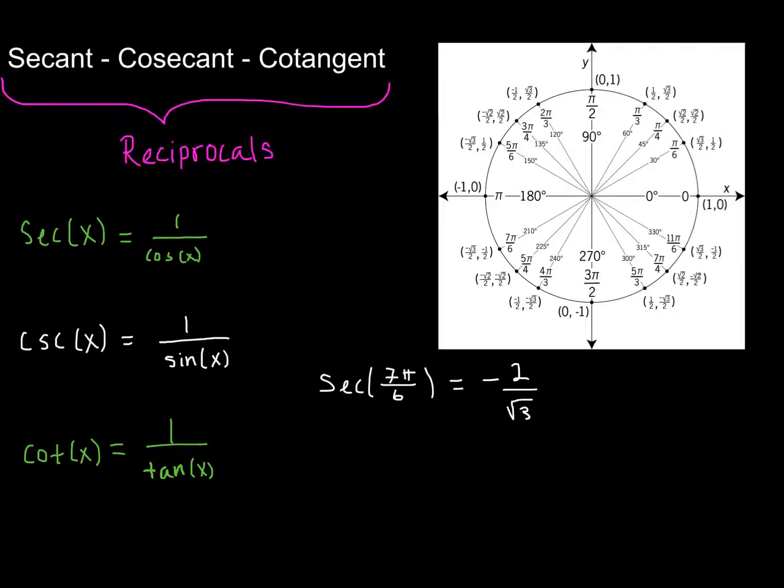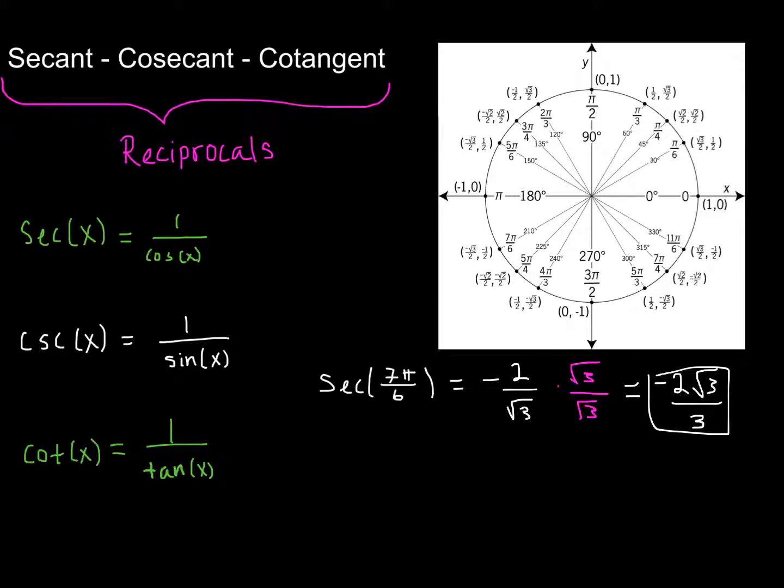Now I never want to have a radical in the denominator, so I'm going to multiply by square root of 3 over square root of 3, and that will give me a new value that is equivalent to the original value, negative 2 times the square root of 3, all divided by 3. And so the secant of 7 pi over 6 is negative 2 root 3 over 3.